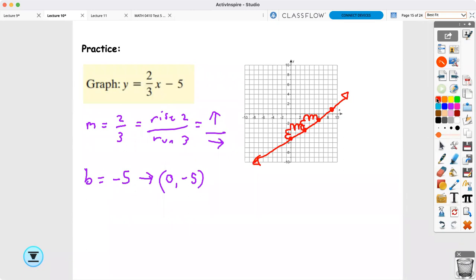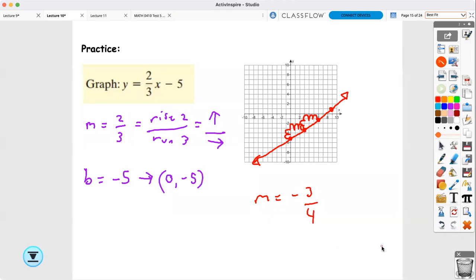So let's look at the example. M equals -3/4. The reason I avoid it is because you could technically run to the left, it's not impossible. But when people are shown to go left instead of down, it makes it a little easier.